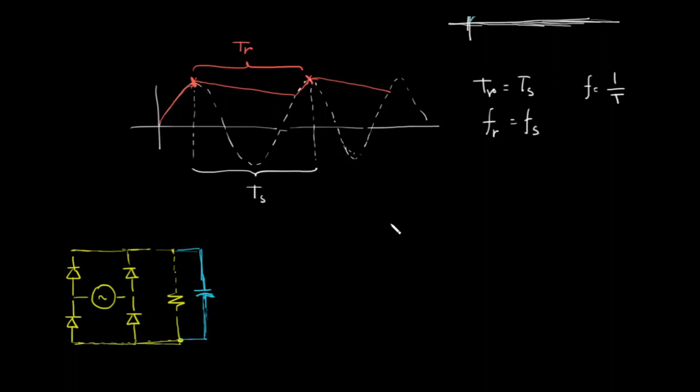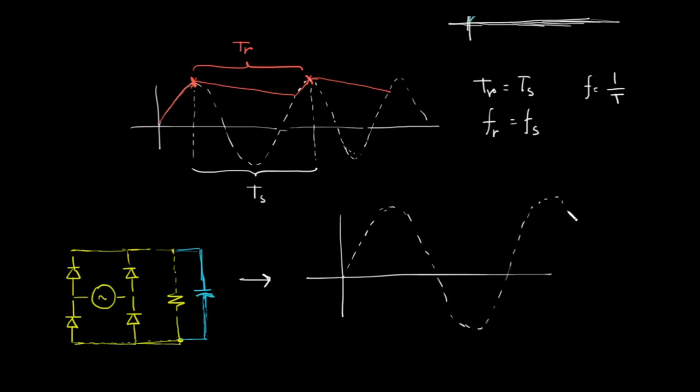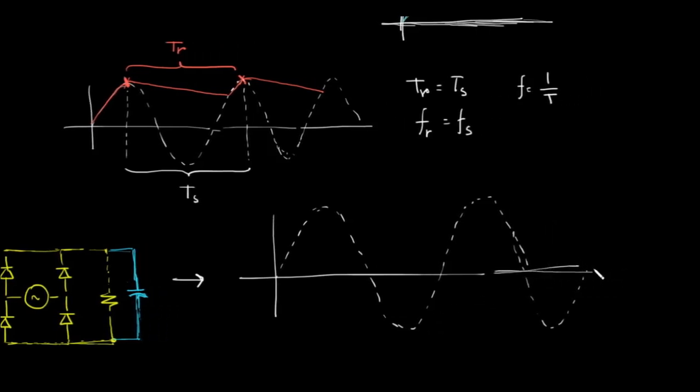Suppose as before, let me draw the input first. The input was like this. Another cycle, yeah. So what will be the output without the capacitor?